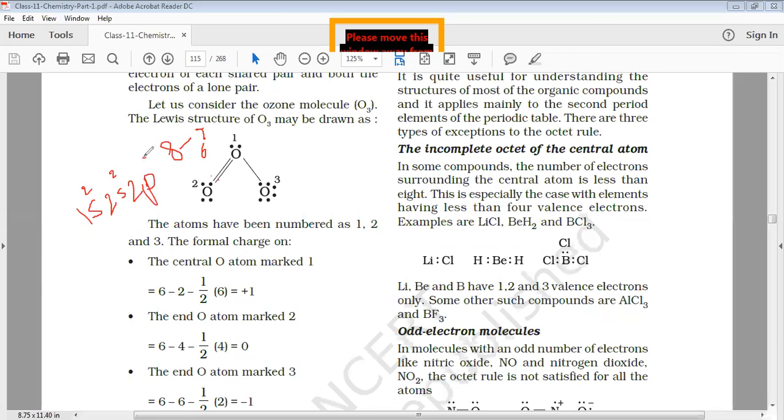Okay, so if you are writing for the p, first we can't pair it, right? First we need to put 1 and 1. So here it's a lone pair, here also a lone pair. So you can see the number of paired electrons, lone pairs of electrons, it seems to be how much?